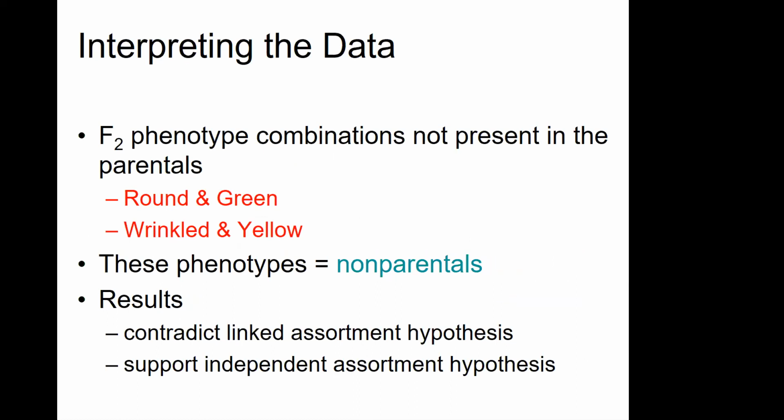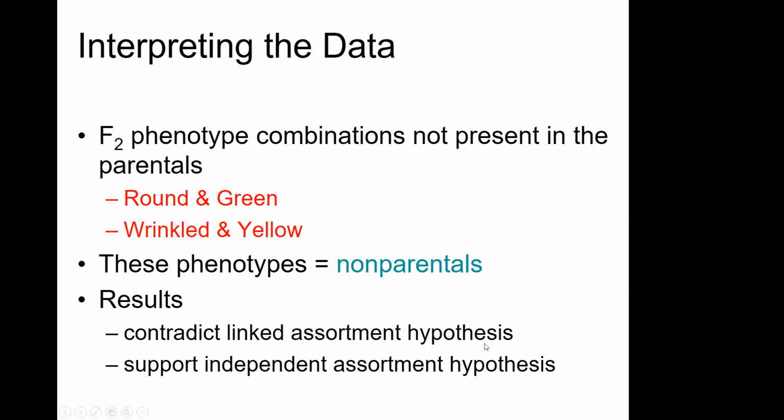So the 9 that are double dominant and the 1 that is double recessive look identical to the original parents because you started out with round yellow and wrinkled green. So they look just like the parent. But the other ones, the hybrids, don't look like the parents. You can also call them non-parental. They don't look like the parents. Okay.